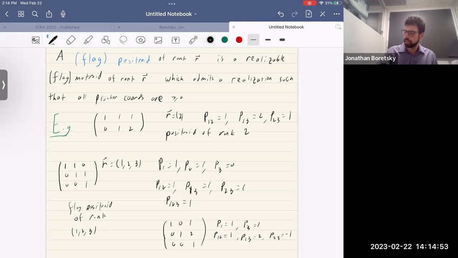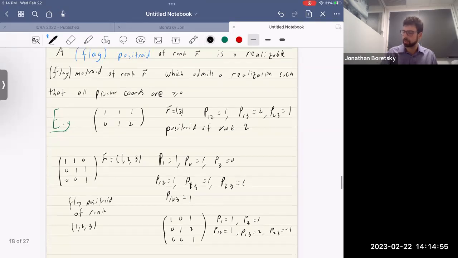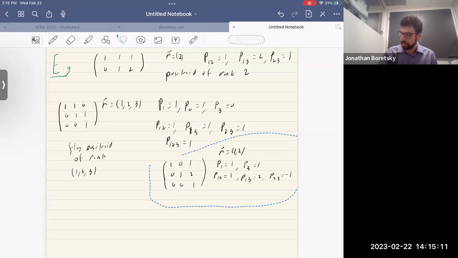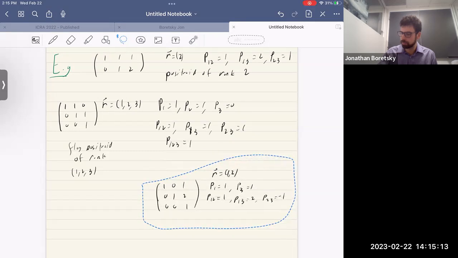Now, there is a bit of subtlety here, so I'm going to point us down to this example. This is a 3x3 matrix, so it represents some flag matroid, and in fact, I'm going to look at the flag matroids here of rank 1, 2. And I want to look at the first row. The first row has positive numbers. It has all positive Plücker coordinates.